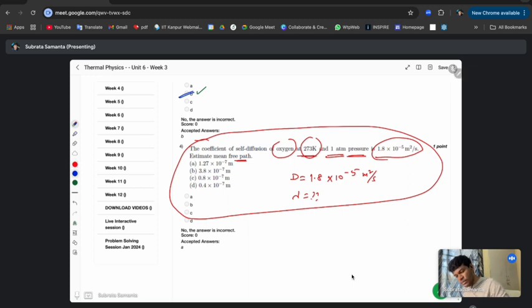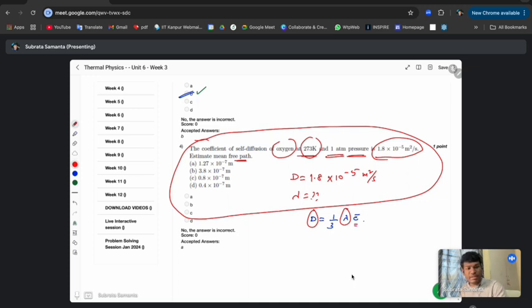The diffusion coefficient D is basically 1 over 3 lambda C average, right? Now lambda I want to calculate, D is given, but C bar is not given.